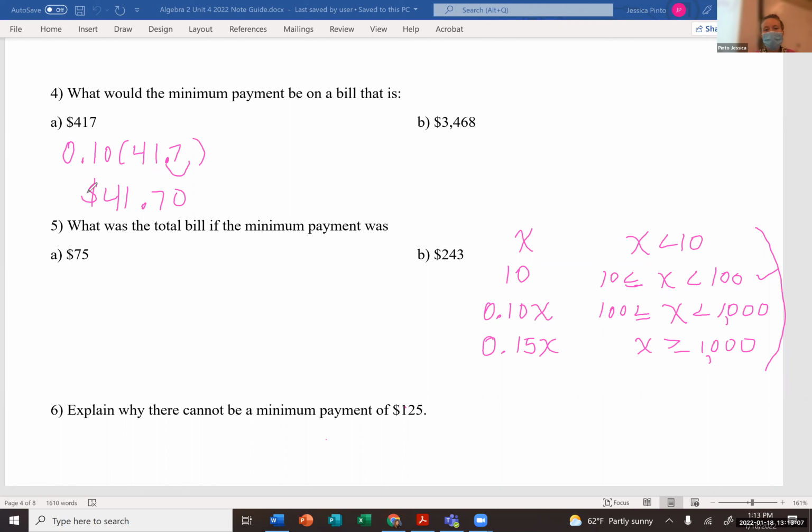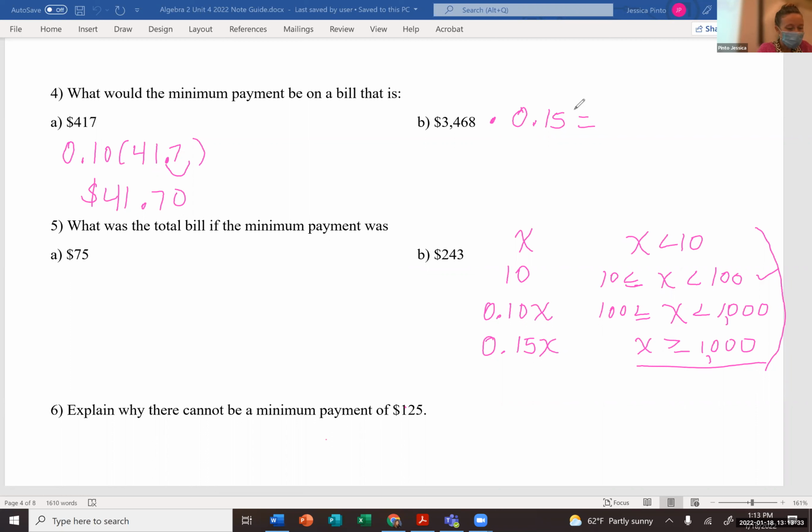But if my bill is 3,468, that's not going to be the same work. That's the 0.15 because that's above 1,000. So in that case, I'm going to do 3,468 times 0.15 in my calculator. That one is not as easy to do in my head because 3,468 is just not an easy number to work with.